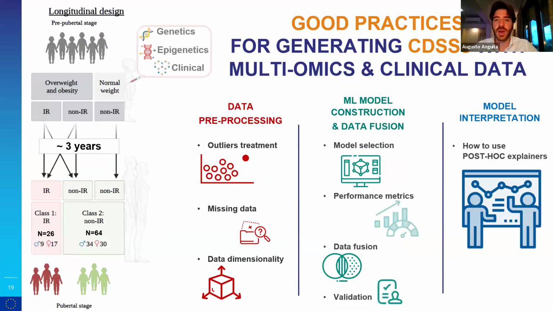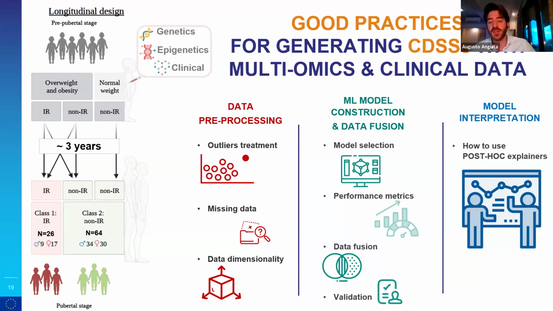So with this project, we also try to generate more or less a kind of good practices and guidelines if anyone wants to build this kind of clinical decision support systems, integrating multi-omics data and clinical data, because we have to take into account many different steps during this journey of creating the model. And these are important steps in the data pre-processing, like outliers treatment, missing data imputation, how to handle the dimensionality of these data layers.